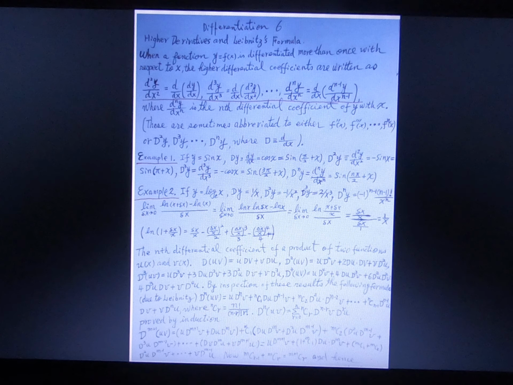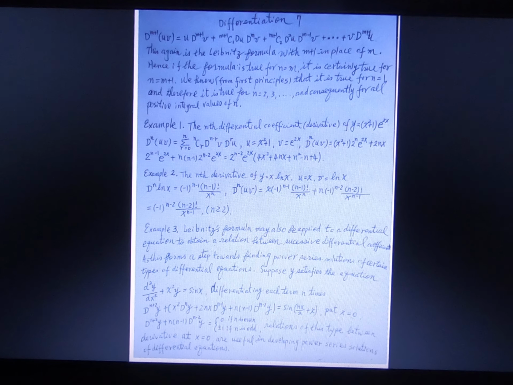And this is called higher order, higher derivative. And these are some examples of using higher derivatives.